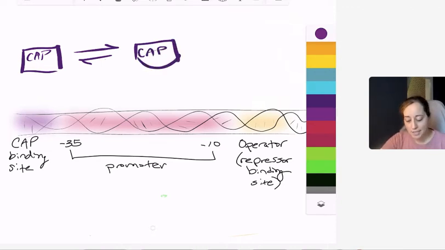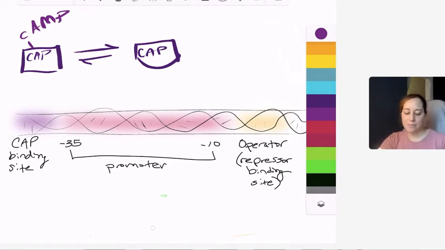And the difference here is that when the cap protein is going to bind DNA, it is going to be attached to something called CAMP.